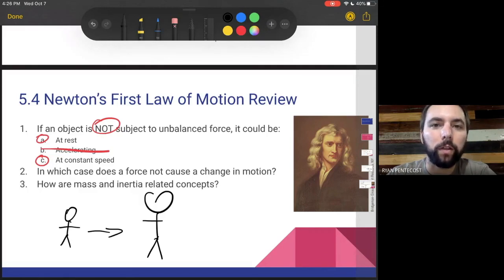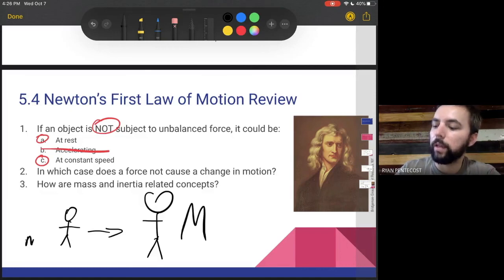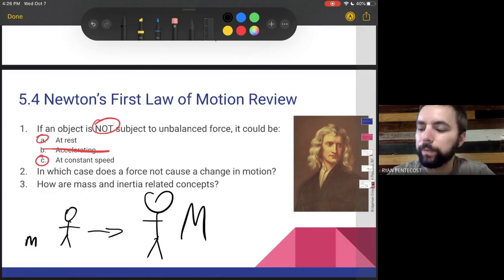Without getting into the technique of football and tackling, that linebacker would be able to stop that running back instead of the running back causing the linebacker to move, right? If this guy has a lot more mass than this guy, then the linebacker has more resistance to change his motion. That means that the linebacker will cause an unbalanced force on the running back, and he will cause that running back to feel some acceleration. Okay?